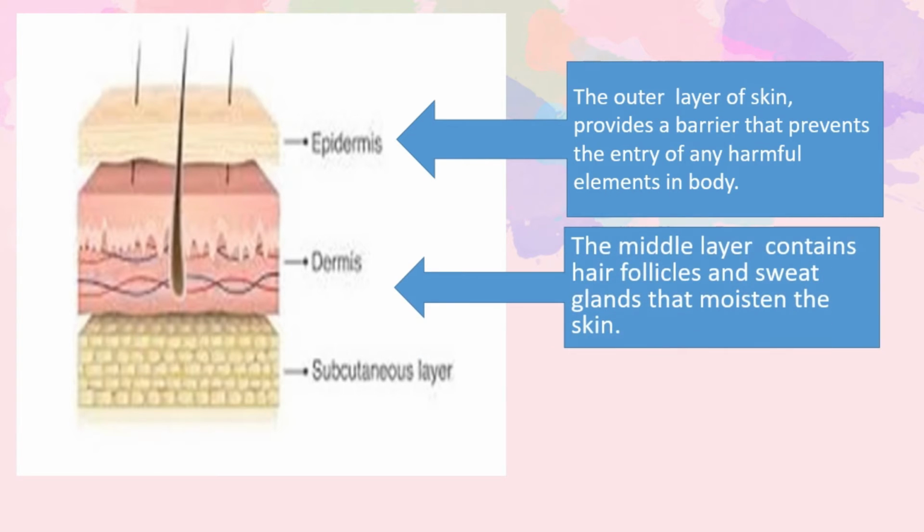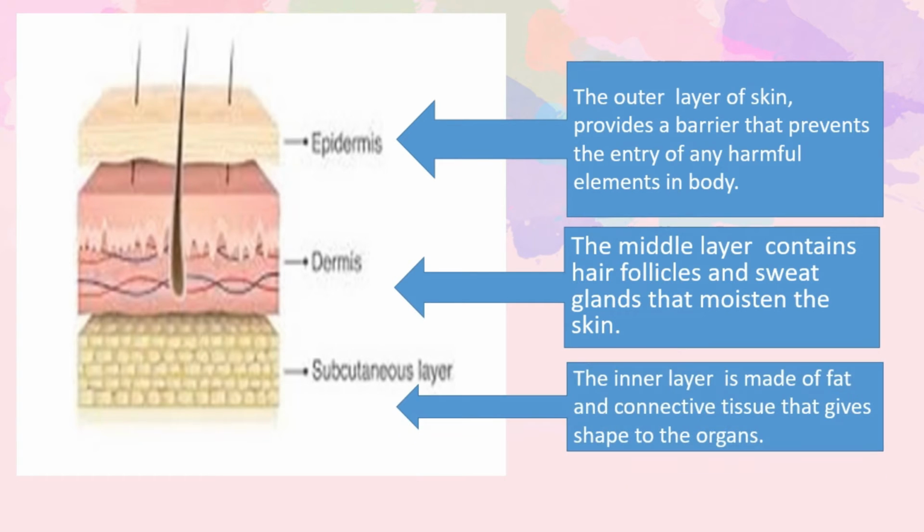The dermis, the second layer, is the middle layer that contains hair follicles and sweat glands that moisten the skin. The inner layer is the subcutaneous layer and is made of fat and connective tissue that gives shape to the body.